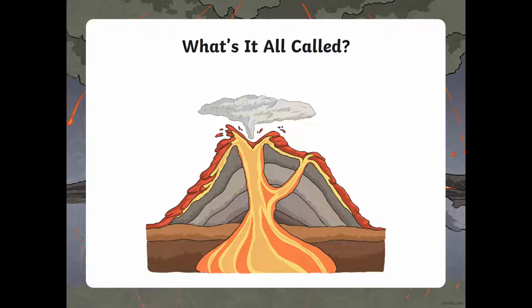So this is the volcano's life cycle. This process just repeats. What's it all called? Here's a cross-section diagram of the volcano. Could we really see all of this if we looked at a volcano? No, it's just a cut-through diagram so we can see what is going on inside. So this cloud that you see here is the eruption cloud.